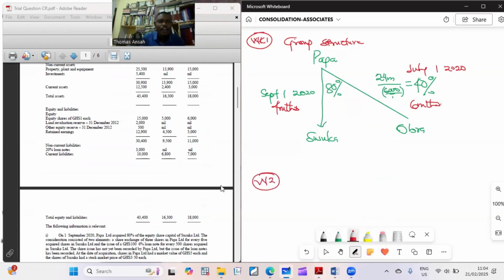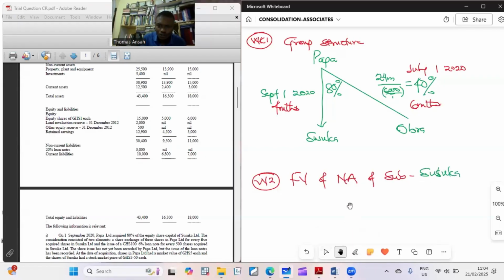Workings 2. IFRS 3 tells us to do the fair value of the net asset of the subsidiary. Fair value of net asset of subsidiary. And our subsidiary is only Susuka because the other one is not a subsidiary, it's an associate. So you do that.